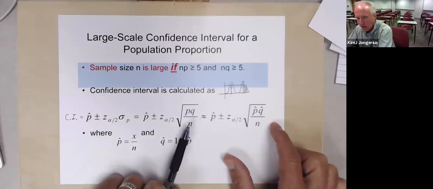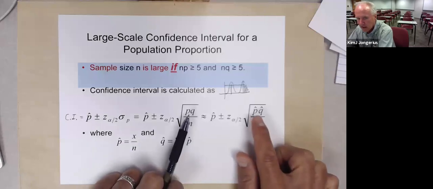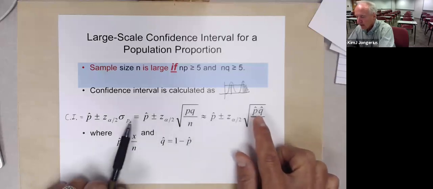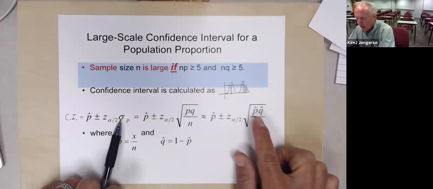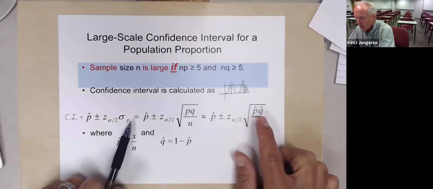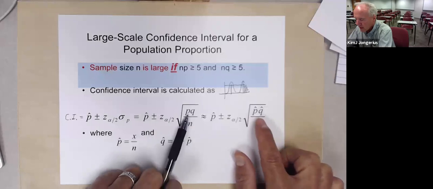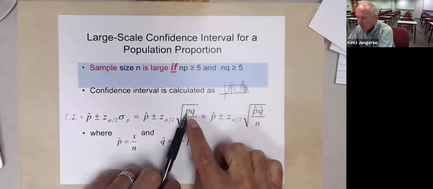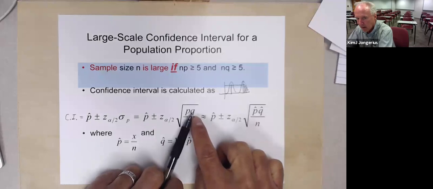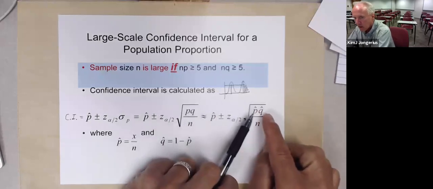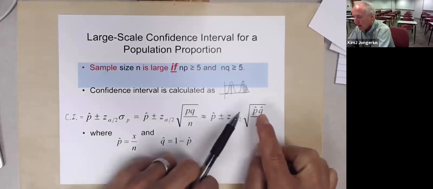As I mentioned earlier, this adjusted standard deviation is the standard deviation for proportion. That adjusted standard deviation at times will use the population proportion and its complement, but at other times it's going to use the sample proportion and its complement.